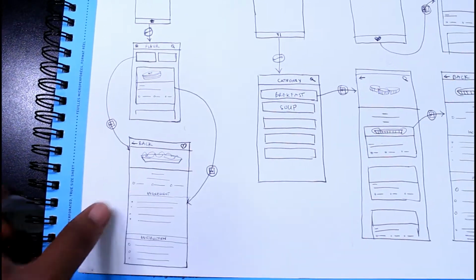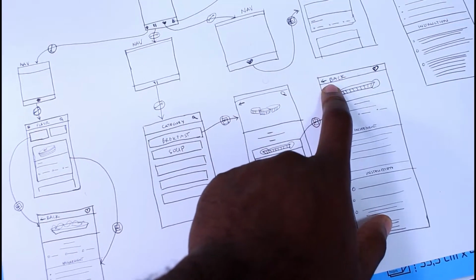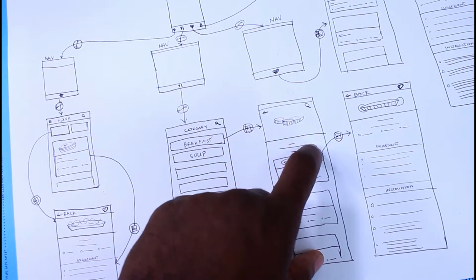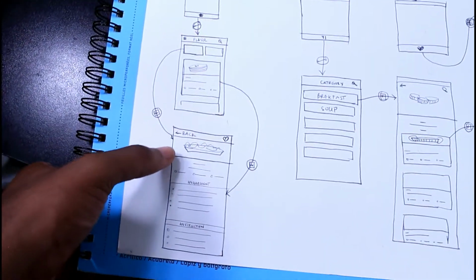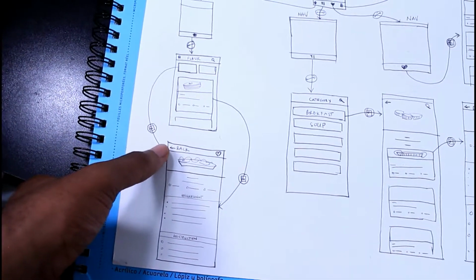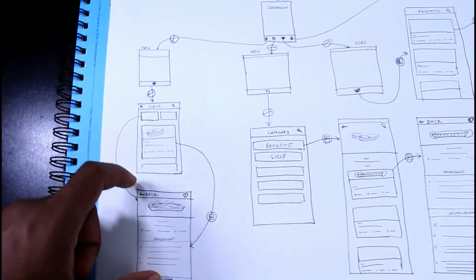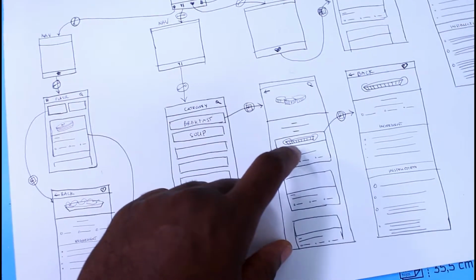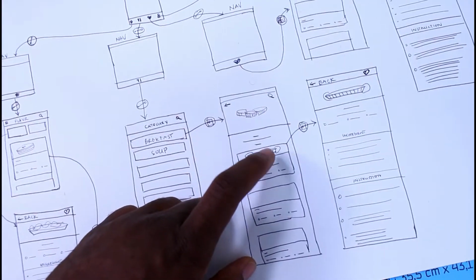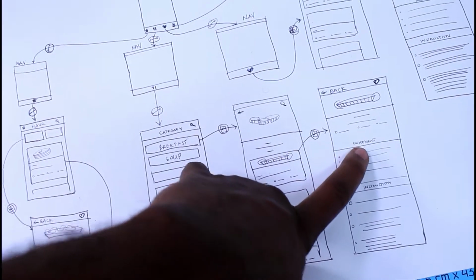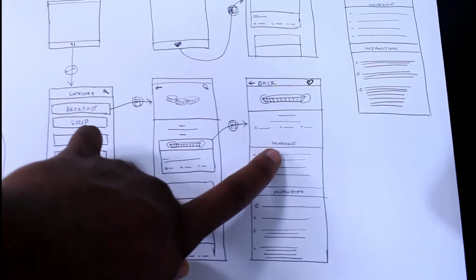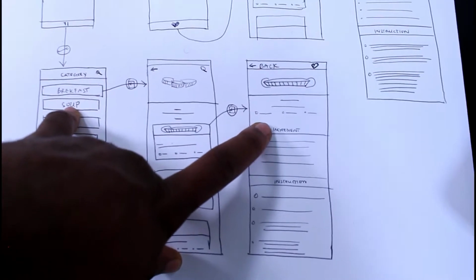So what I would do is just copy this screen and paste it here, and do the segue to this one. I'm also going to only create one Swift file for this recipe open, so that when I'm moving from this recipe right here, I'm going to reuse the same storyboard screen I did for the recipe open.